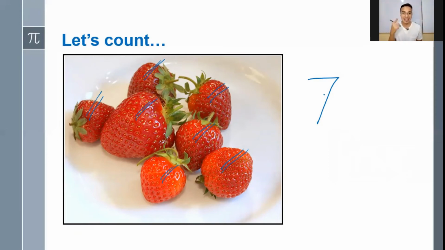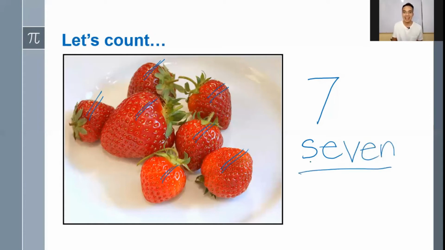And how do you write number 7 in words? The word 7 starts with letter S. You're right. We have letter S, E, then V, E, N. So seven. This is 7.